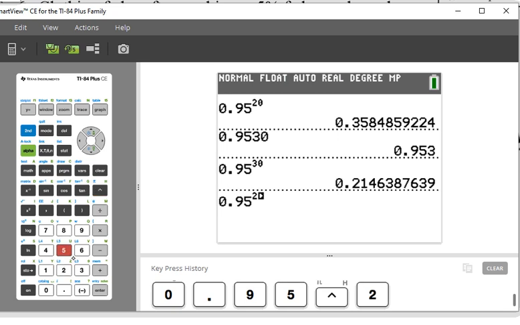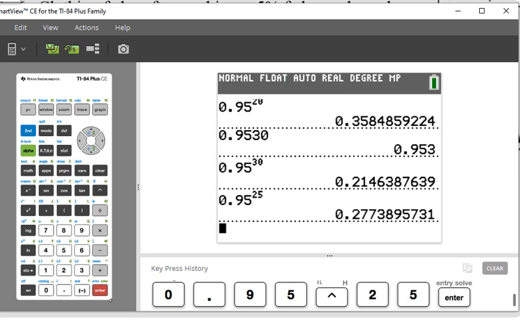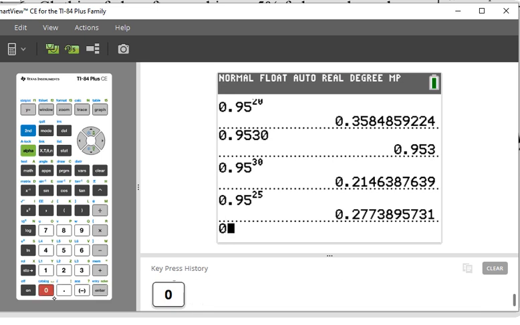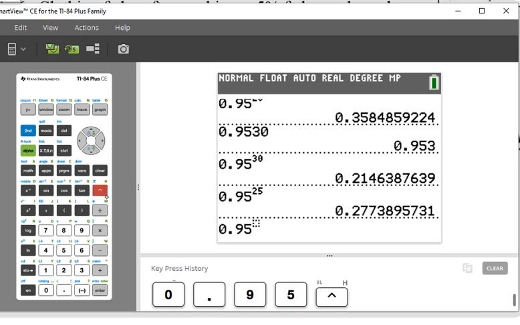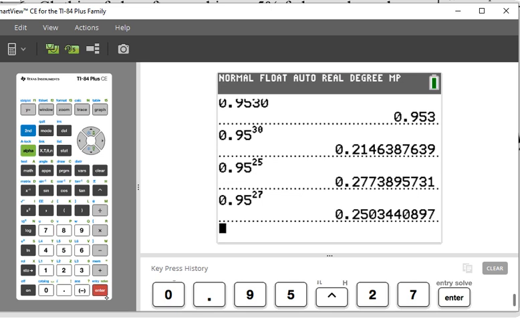0.95. Let's go to 25. There's 0.27. We still have too much color, so 0.95 to 20. Let's go to 27. There's our 0.25. 25% of the color remains after 27 washings.